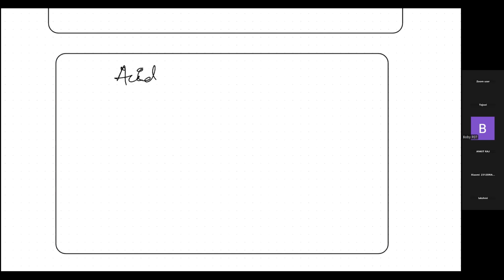Let's suppose any acid, or your stomach acid itself, or Helicobacter pylori, or any painkiller, non-steroidal anti-inflammatory drugs.